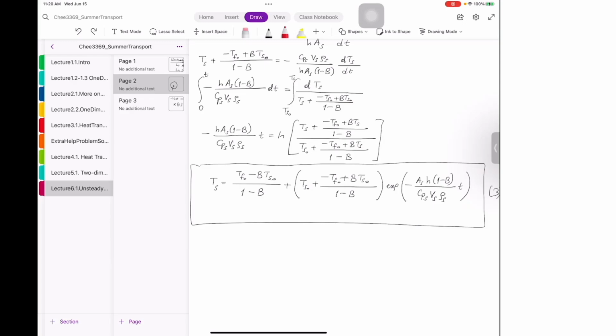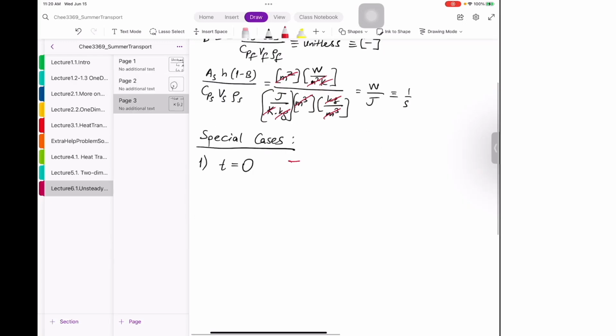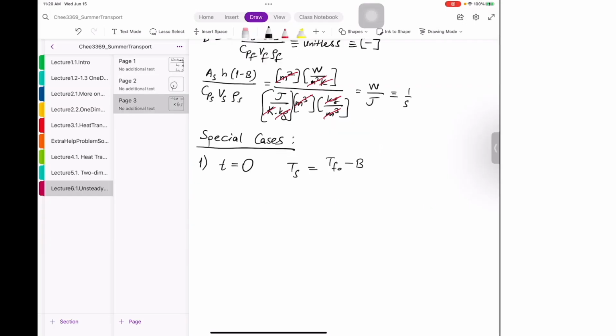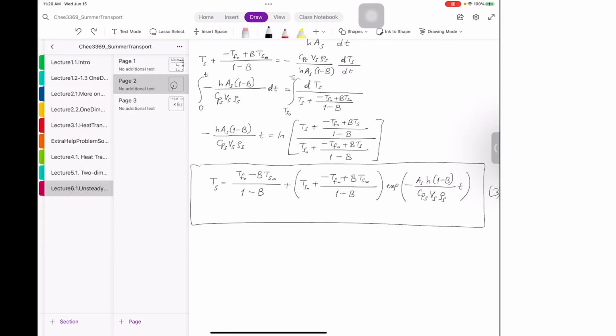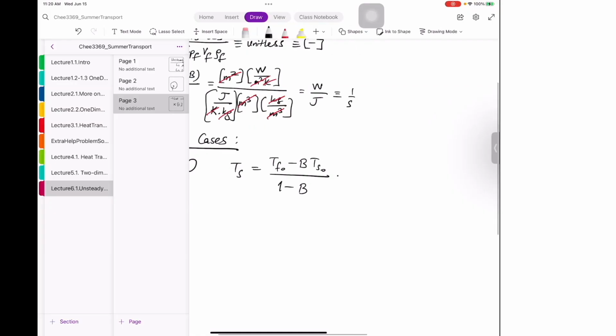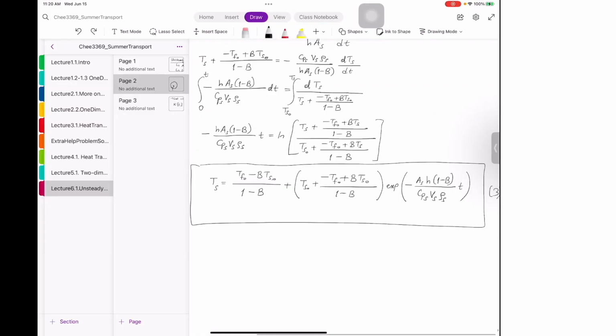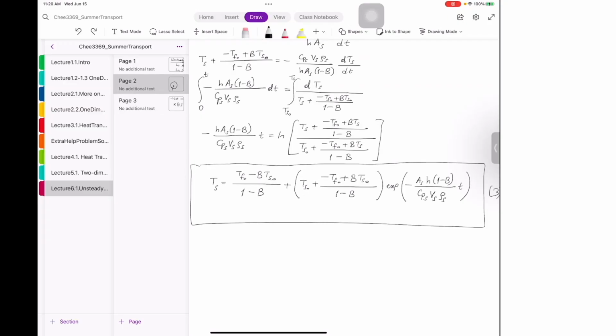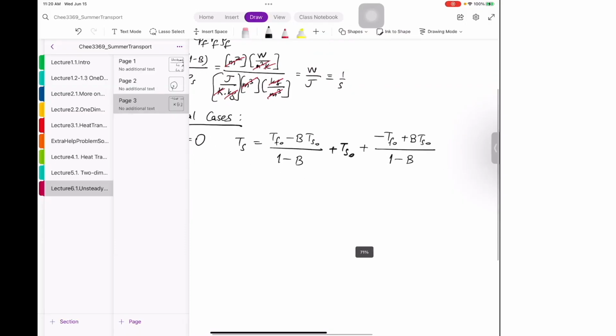So the Ts becomes plus minus Ts0 plus E Ts0 divided by E. And this term has the same denominator.